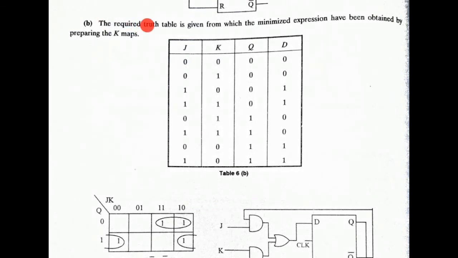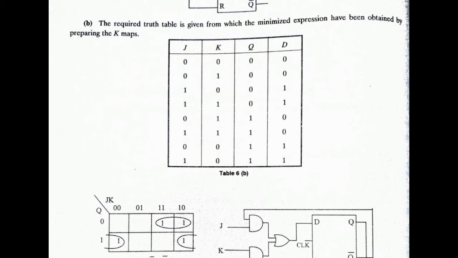Now the second part. In this, the truth table is given, for which the minimized expression has been obtained by preparing the K-maps.